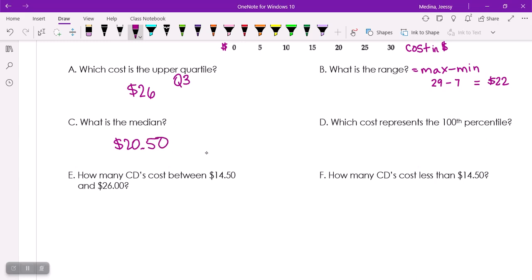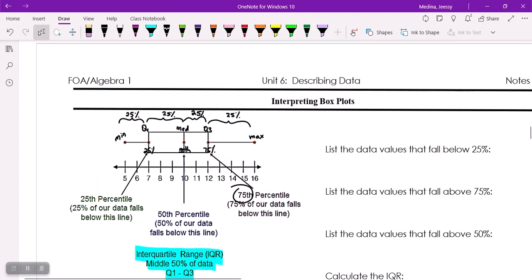Good job. All right, which cost represents the 100th percentile? D. Look at the notes, people.